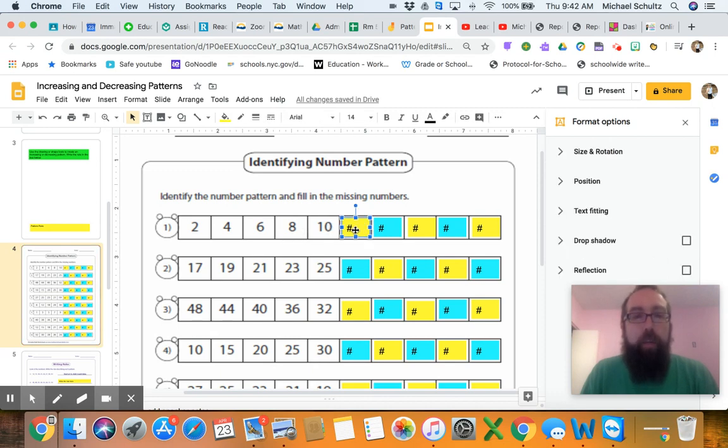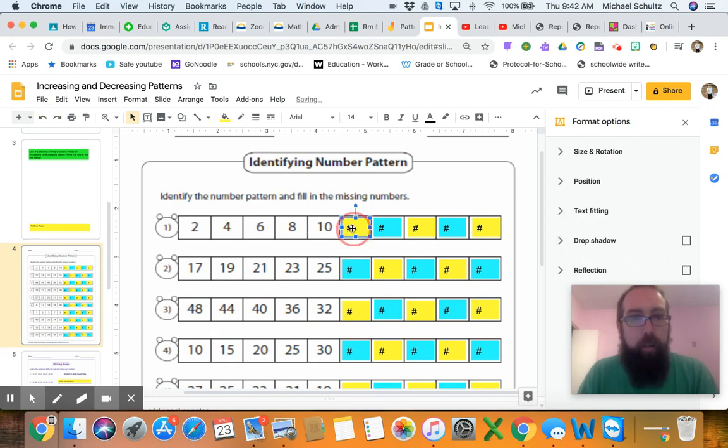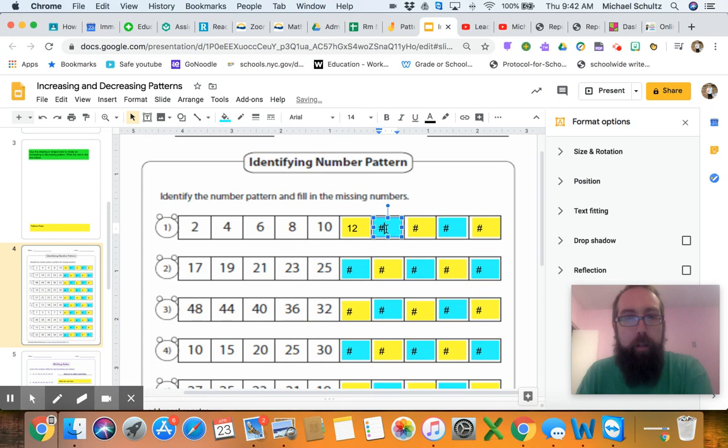And our next one, we're going to click on here. We're going to get rid of this little number sign. And we're going to go 12. Oh, I deleted that. We just click undo. I click in here. I go 12. And I can even get rid of this little number. This one. 14.